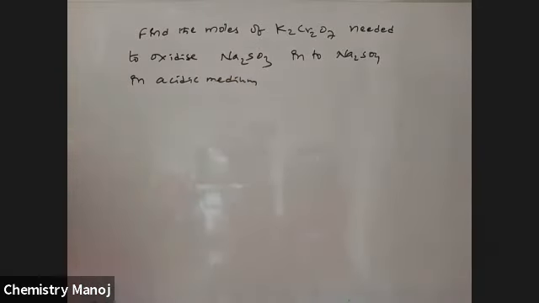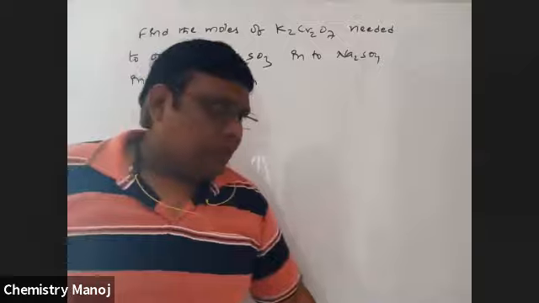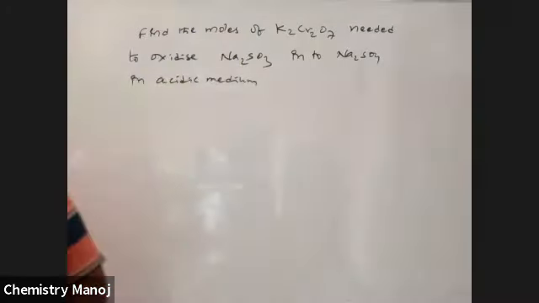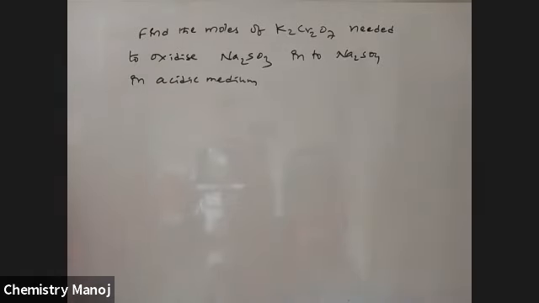Try yourself. Complete it yourself. It is very, very easy, just like our previous concepts, just like our previous problem. How many moles of K2Cr2O7 in acidic medium are needed to oxidize Na2SO3 into Na2SO4?